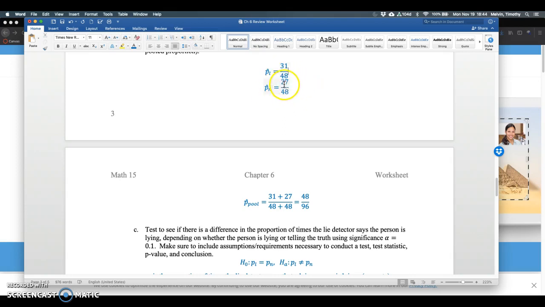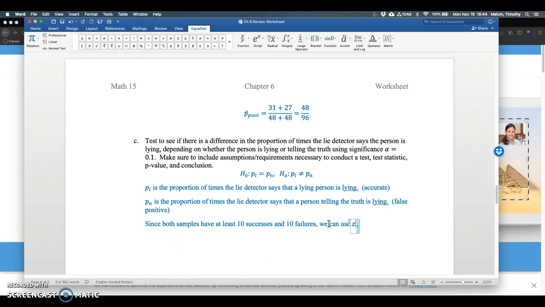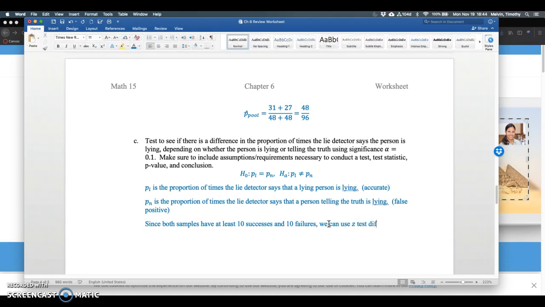And for the group of people not lying, 27 successes and then 21 failures. So all groups have at least 10. Because that's true, we can use a z-test for a difference of proportions.